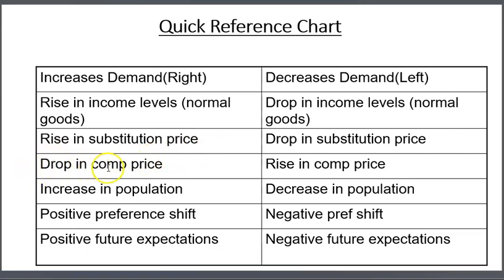If there's a drop in the price of a complementary good, that will cause the demand curve to move to the right. If there's an increase in population or market size, that's a rightward shift. If people decide in favor, just consumer preferences shift, that's a right move. And then positive future expectations as well.